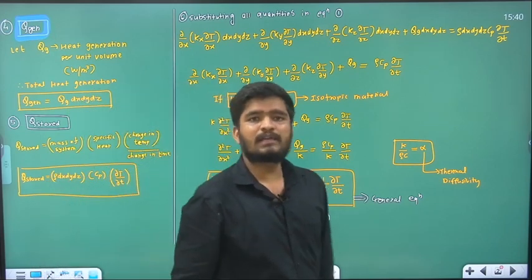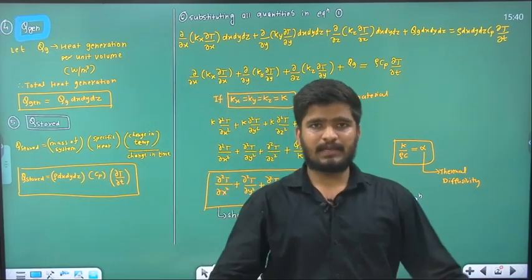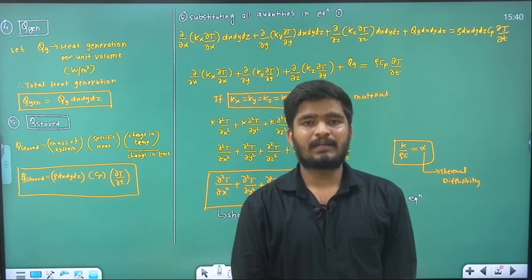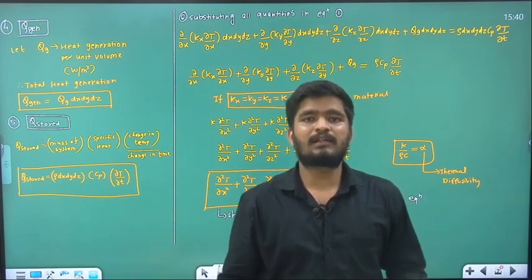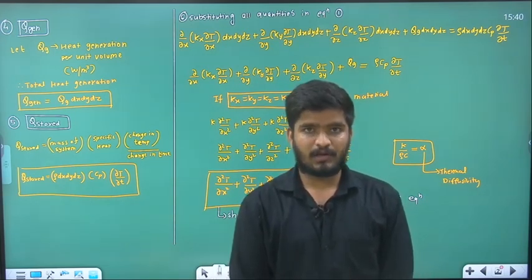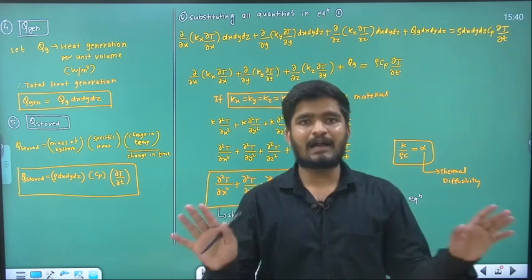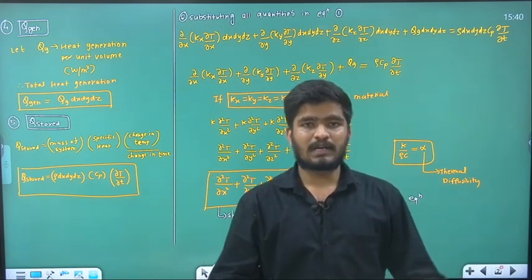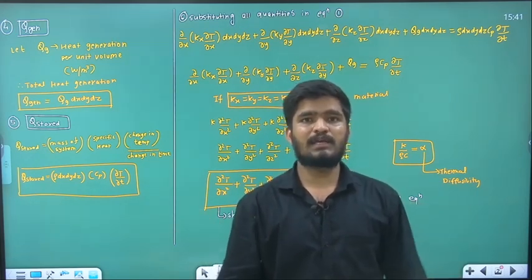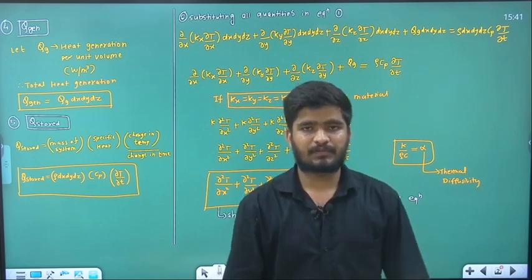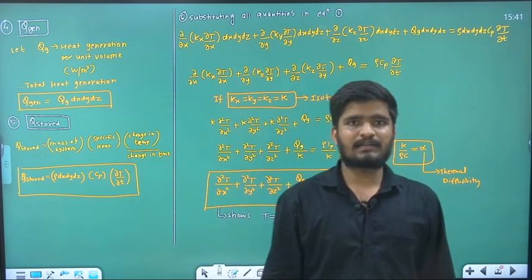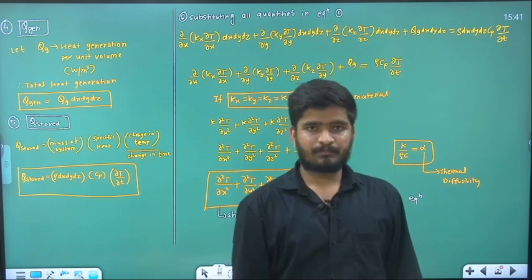To calculate Q generation, first thing I will tell you, my dear friends, heat generation is a volumetric phenomenon. Surfaces can't generate heat. To generate heat, there must be a body, not a surface. So one thing is clear, that there should be volume.